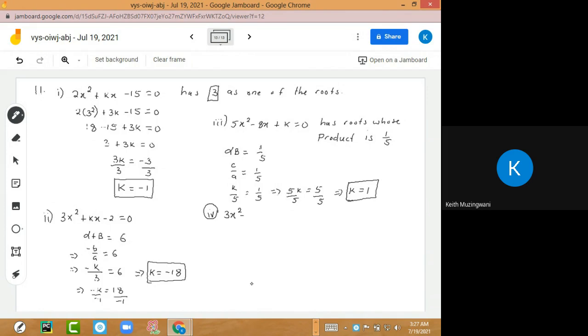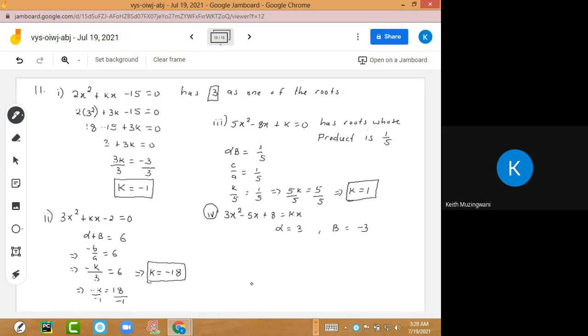3x squared minus 5x plus 8 is equal to kx. Has roots numerically equal but opposite in signs. When you say numerically equal, you mean if alpha is 3, beta should be 3. Opposite in signs, if alpha is 3, beta should be -3.